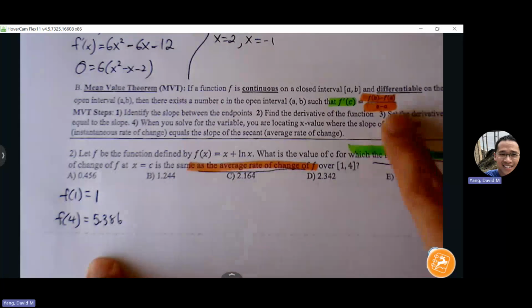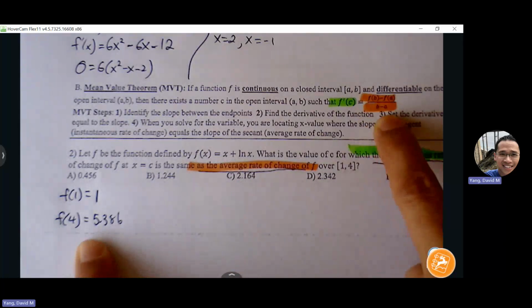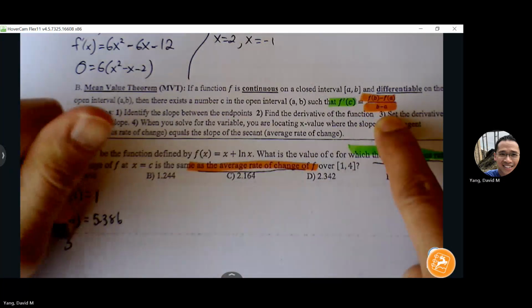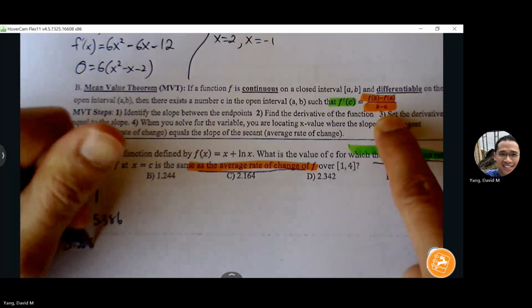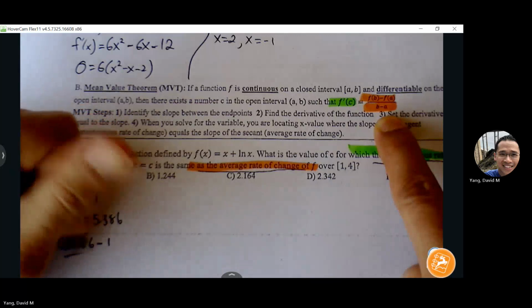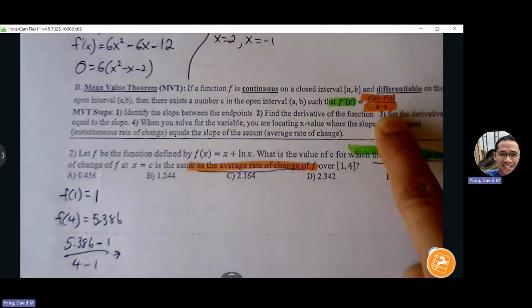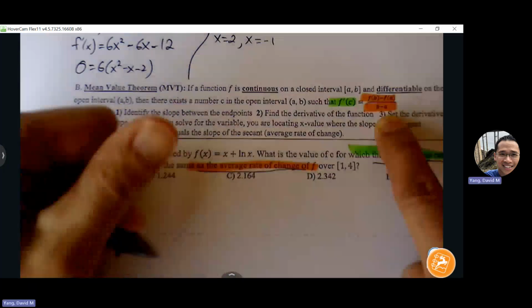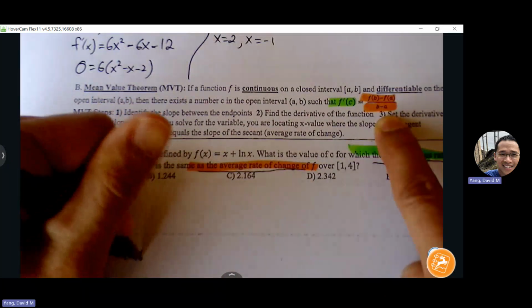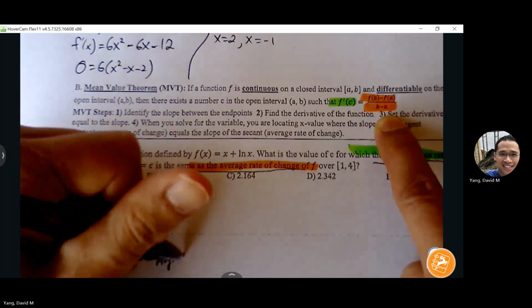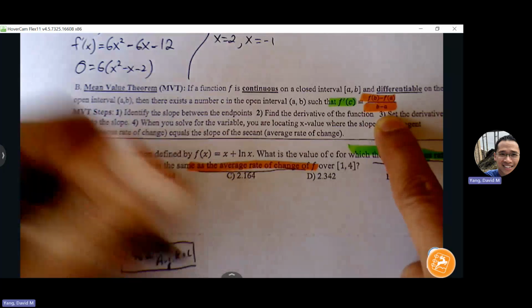And then we want to figure out this portion of our formula, f of b minus f of a over b minus a. So our average rate of change ends up being 1.462. So that's one piece that we need.